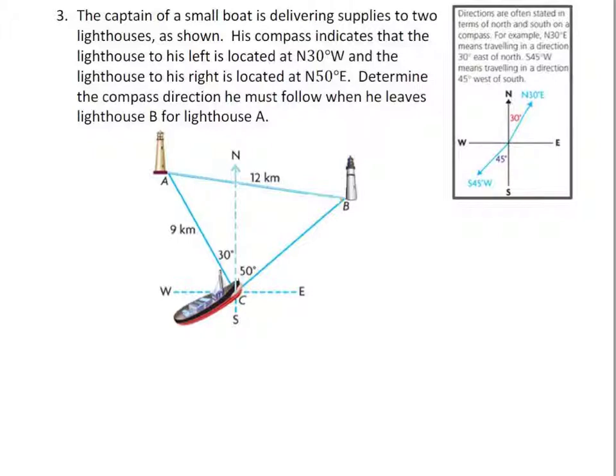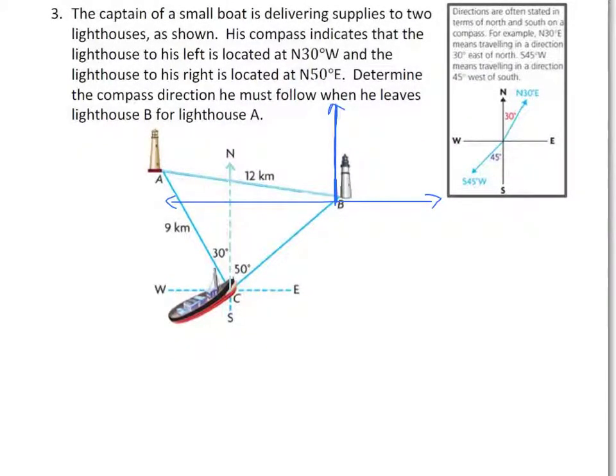So our sailor is at lighthouse B over here. So we'll draw a set of coordinates there, so that's north. And he needs to get to lighthouse A over here.